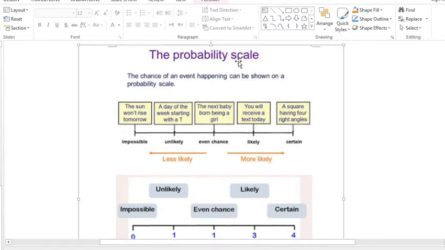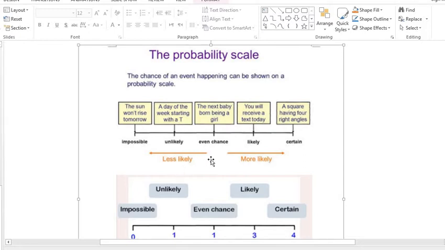The probability scale. The chance of an event happening can be shown on a probability scale. The sun won't rise tomorrow. Is it possible? No, so it's impossible, 0. A day of the week starting with a letter T. Yeah, unlikely, less likely because I have 2 days, Tuesday and Thursday, just 2 days.